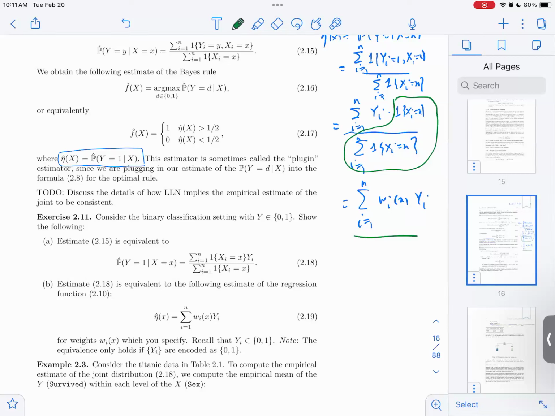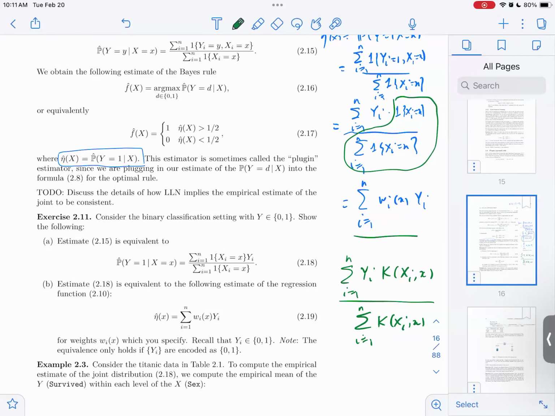Instead of the indicator, I could have something like a kernel here, right? K of xi and x. So that indicator, if I replace it with the kernel, these are sometimes called kernels. So instead of the indicator that xi equals x, I use the kernel, the similarity of xi to x.